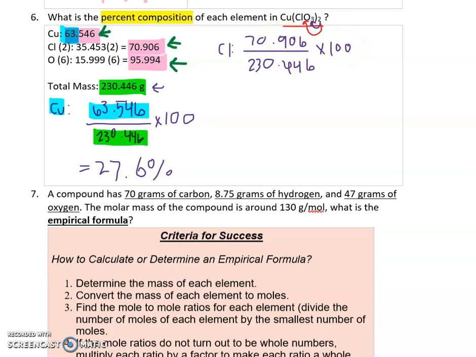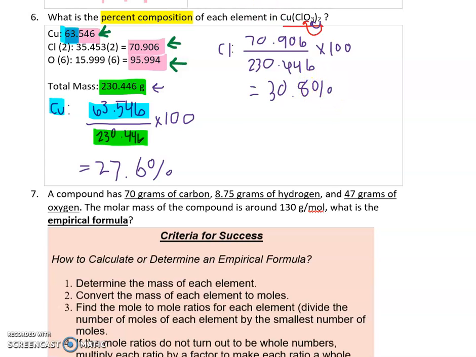Now I can get on my calculator: what is 70.906 divided by 230.446, and then times 100? That is equal to 30.8%. And I am approximating only to the first decimal place, by the way.